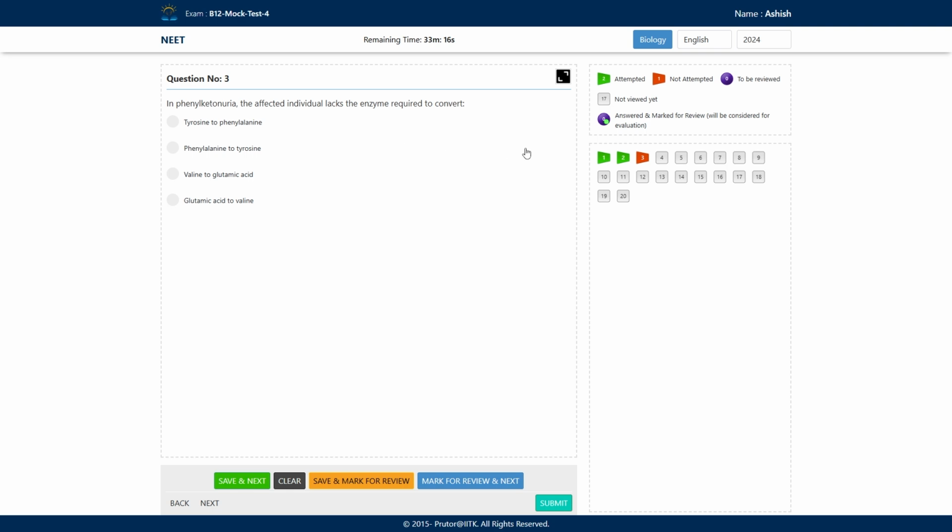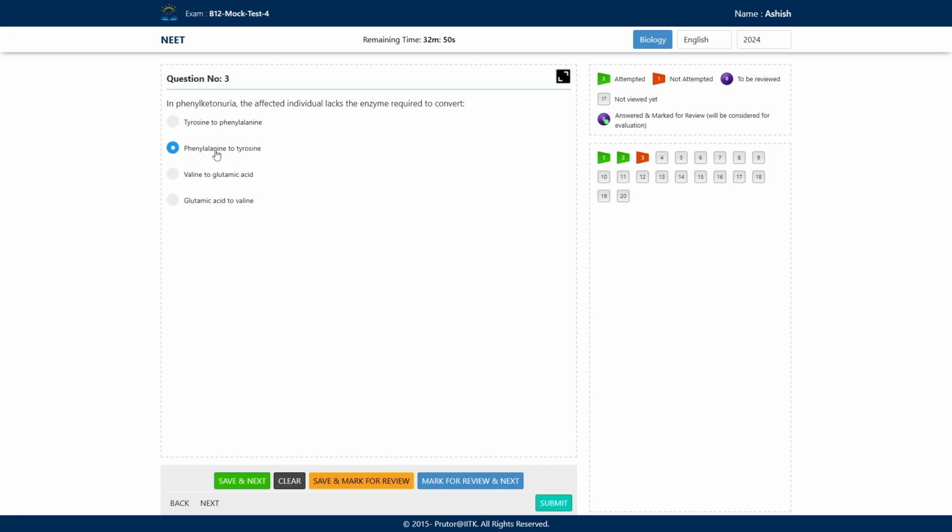Okay, so here the correct answer will be option B, phenylalanine to tyrosine. So this enzyme, phenylalanine hydroxylase, converts phenylalanine to tyrosine. These are both amino acids. When this enzyme is not being produced, then phenylalanine will accumulate in the body. Phenylalanine then gets converted into phenylpyruvic acid and other harmful compounds.